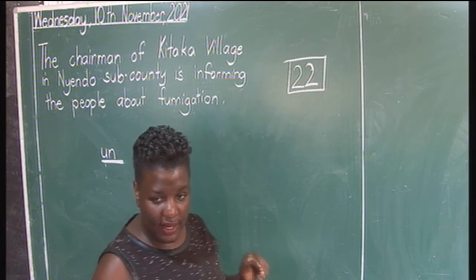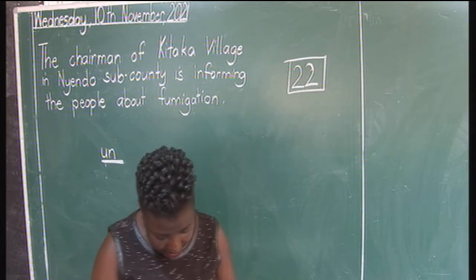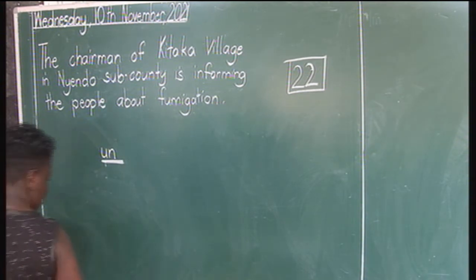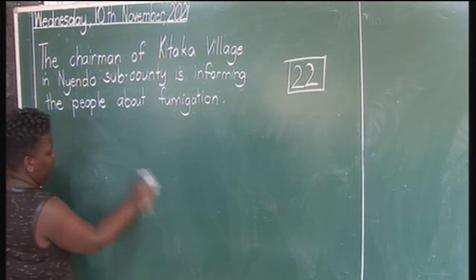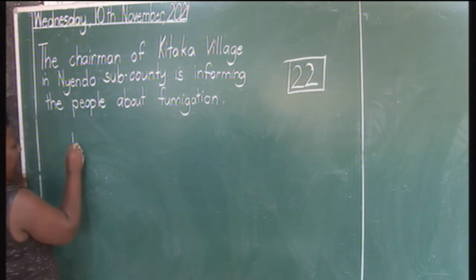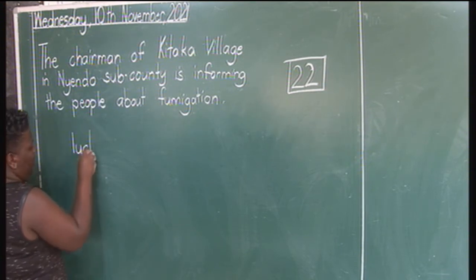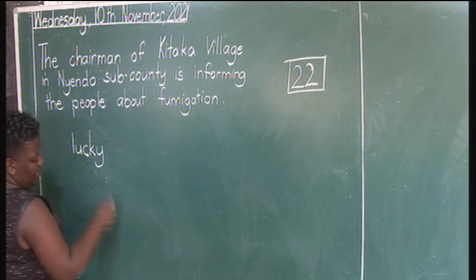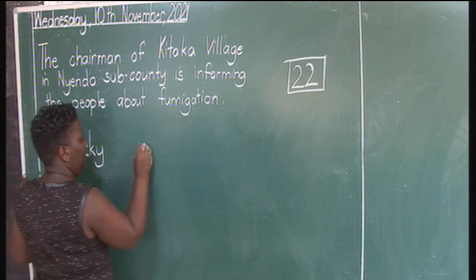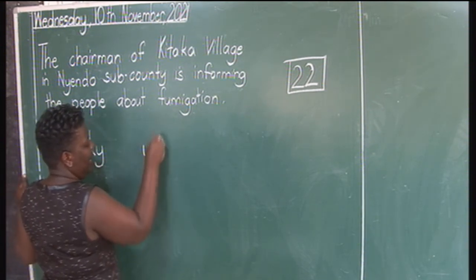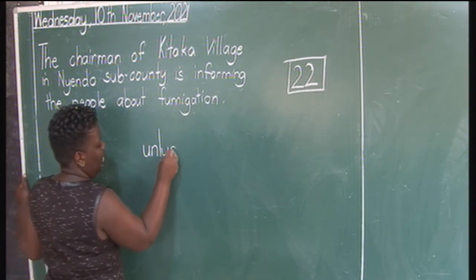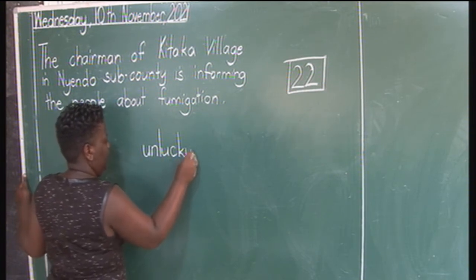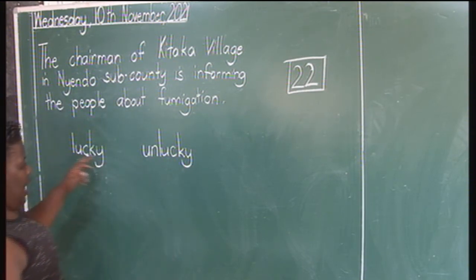And the opposite of lucky is unlucky. When you're writing such words, we don't space. For example, the word lucky. If you're not lucky, we've said you are unlucky. You write the word un, don't leave a space. Add the word lucky. So it will be unlucky.